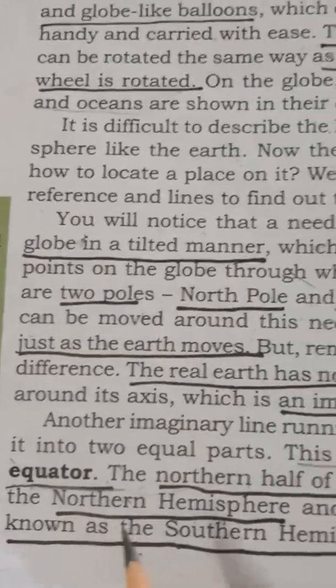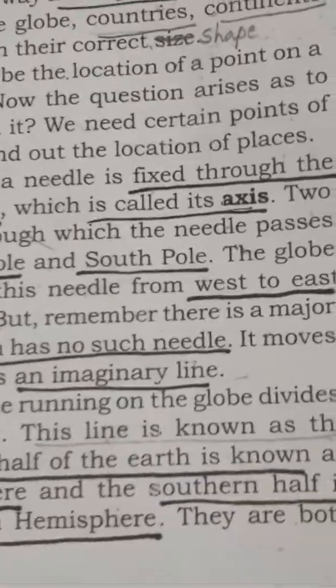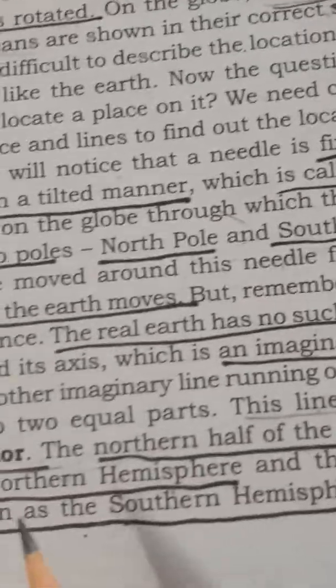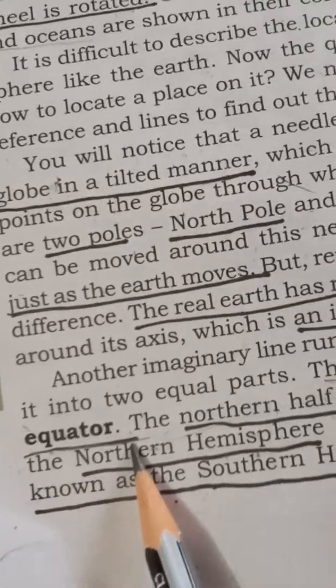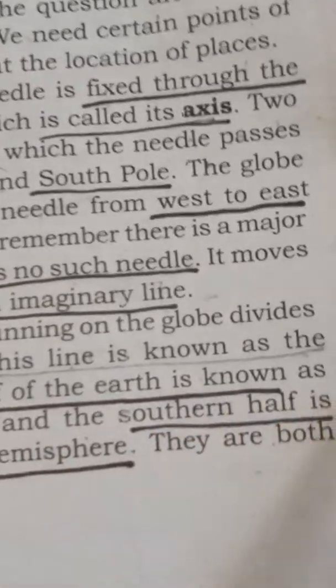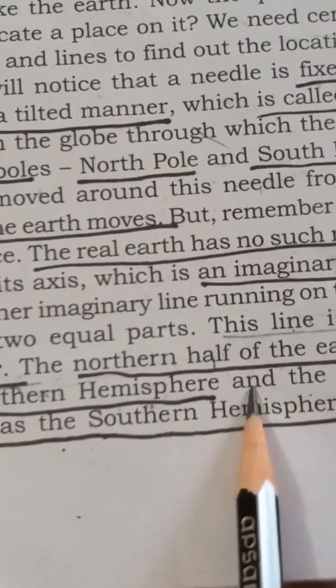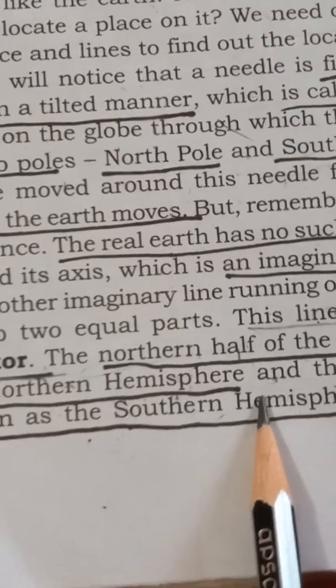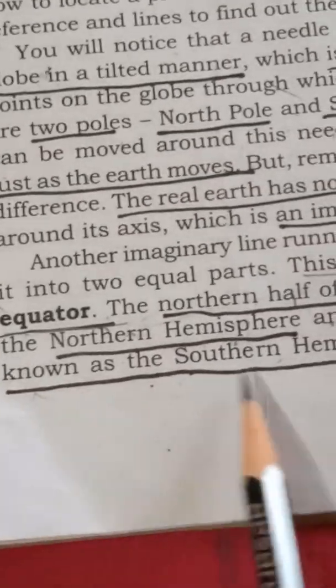Now there is one more important imaginary line on the globe, that is called the equator. This equator divides the Earth into two equal halves. The northern half is known as the northern hemisphere and the southern half is known as the southern hemisphere.